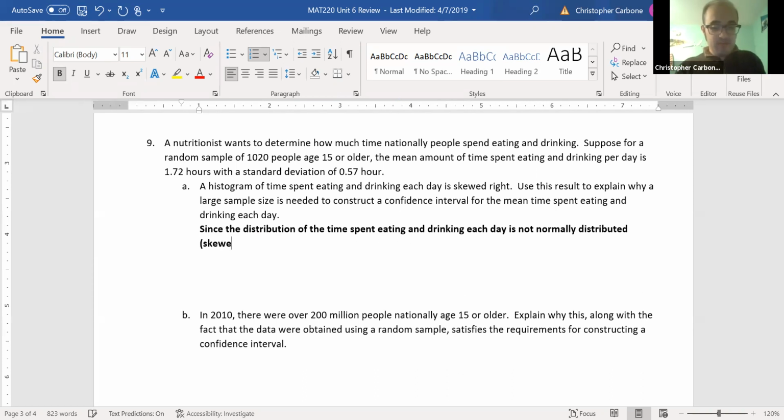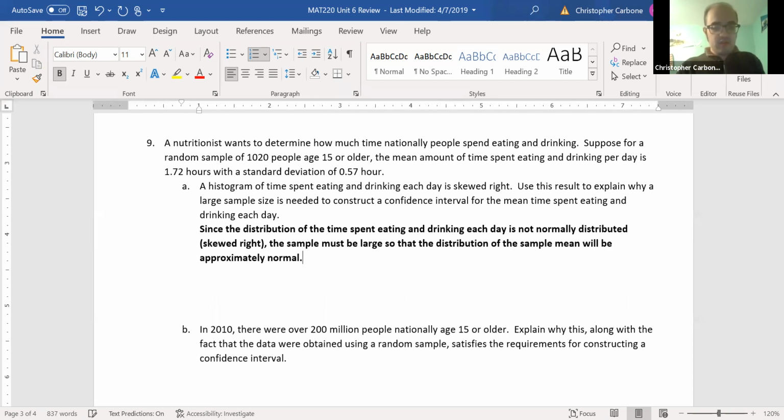It's because we were told it's skewed right. The sample must be large, again, at least 30, so that the distribution of the sample mean will be approximately normal, which we saw happen with that central limit theorem.